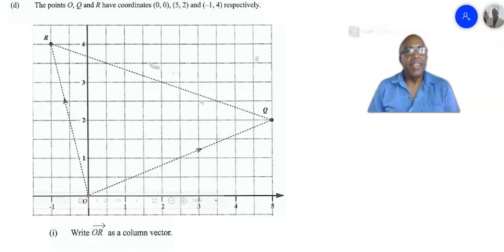OR is this vector right here. Let me draw the arrow to show you better. This is the vector OR, a position vector.